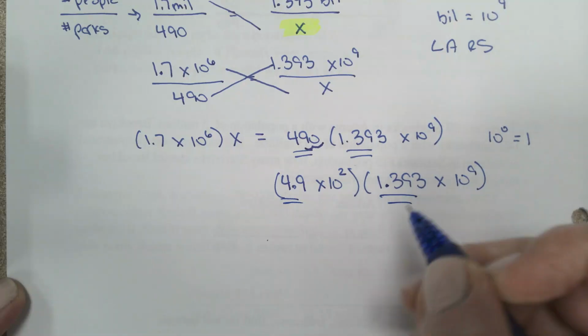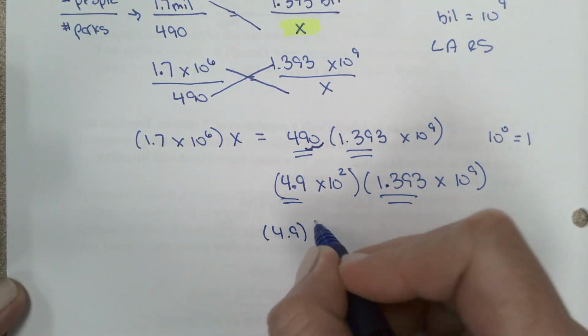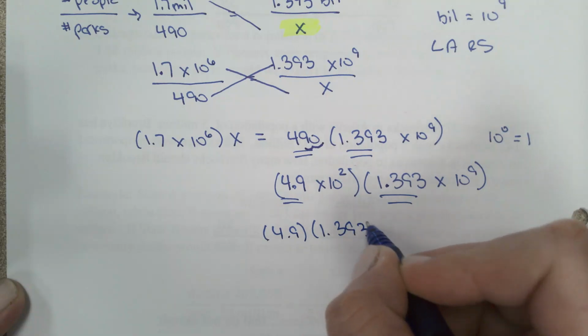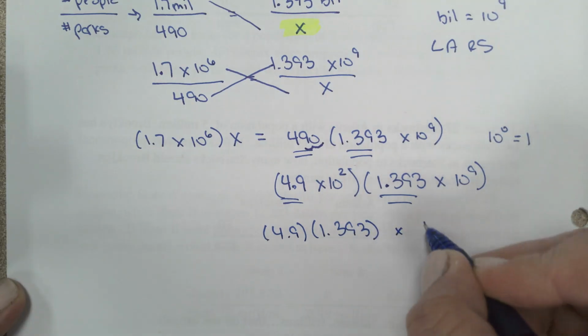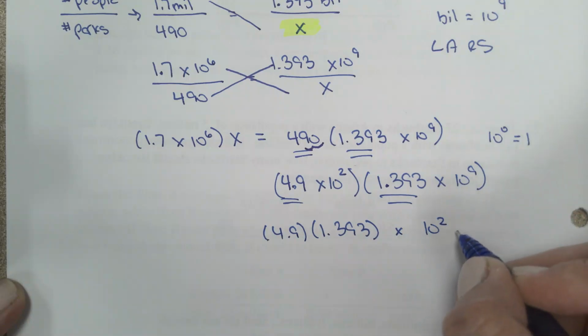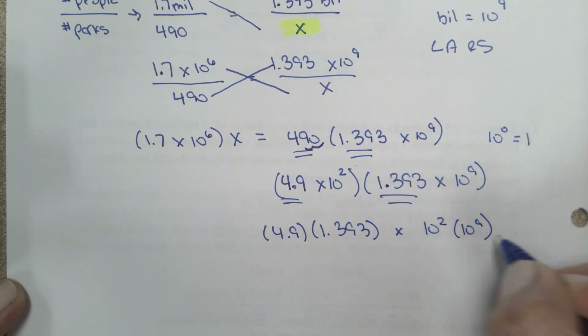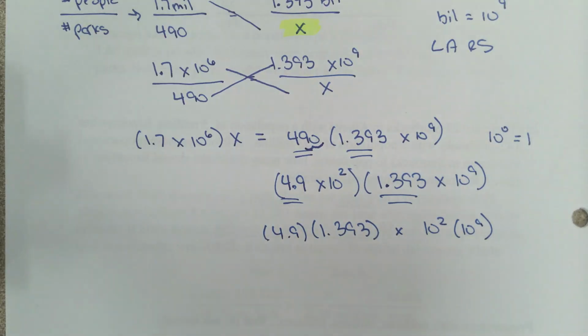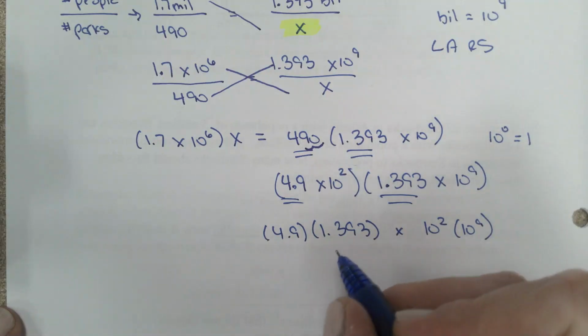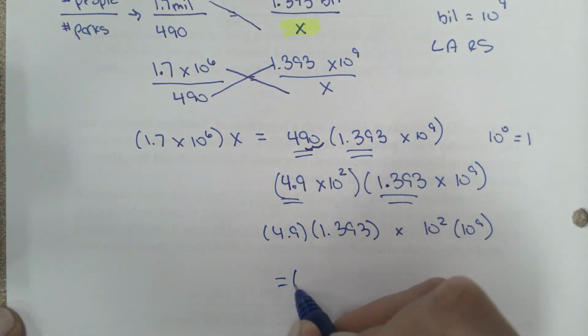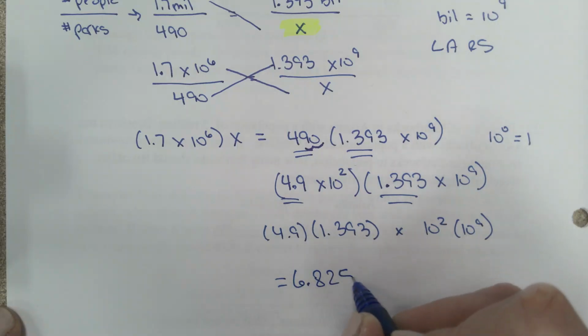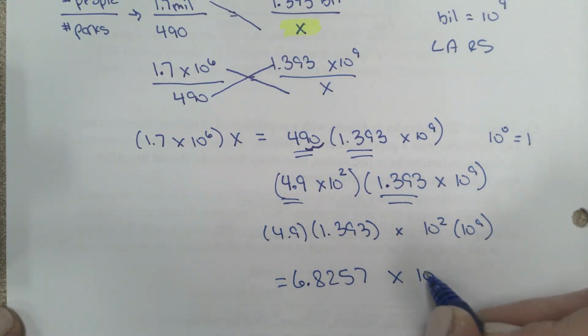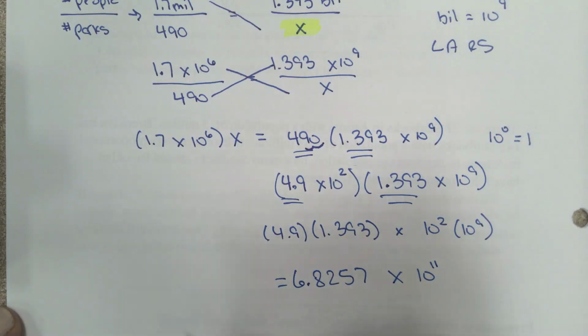I'm going to multiply my 4.9 and my 1.393. And then I'm going to multiply 10 to the 2nd and 10 to the 9th. And hold on, I did it slightly different earlier. 4.9 times 1.393. I get 6.8257 times 10 to the 11th.